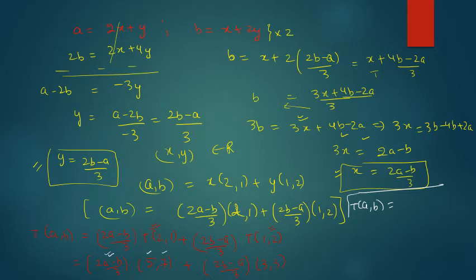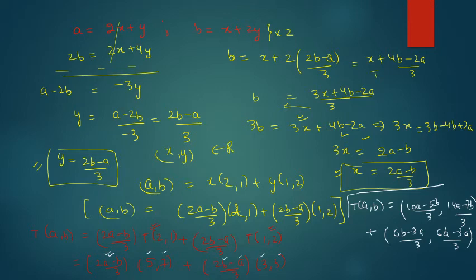So first of all, (2a minus b) with 5: (10a minus 5b) by 3, comma, if you multiply with 7, (14a minus 7b) by 3, right? Similarly, on the other side, if you multiply this with 3, (6b minus 3a) by 3, then again with 3, (6b minus 3a) by 3, right? So this is what we have got.